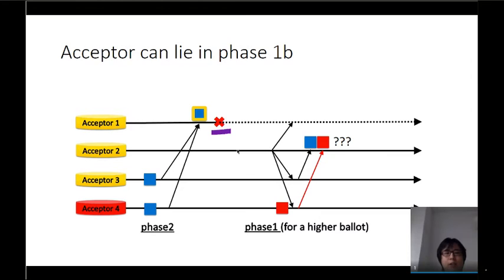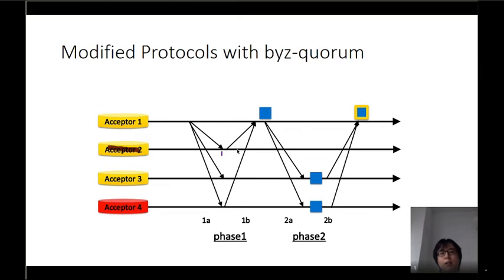Here you are assuming acceptor 1 also accepts its own value, right? Yes, I'm assuming the message also goes to itself, it agrees with itself, and sends its 1B and 2B messages.